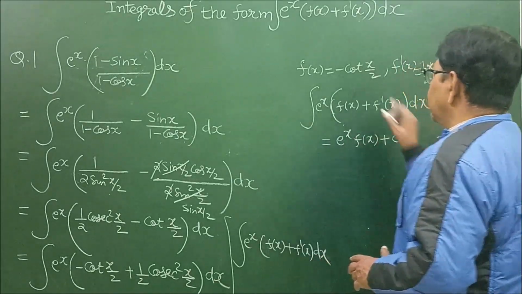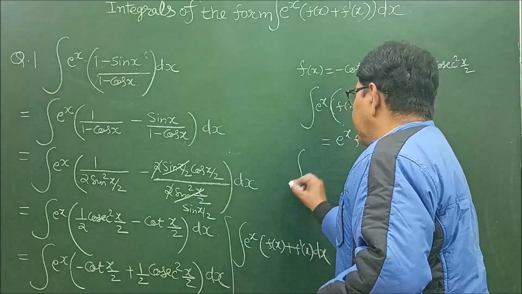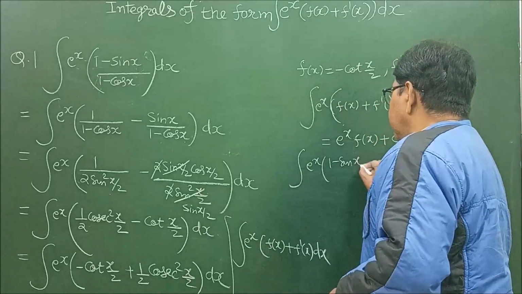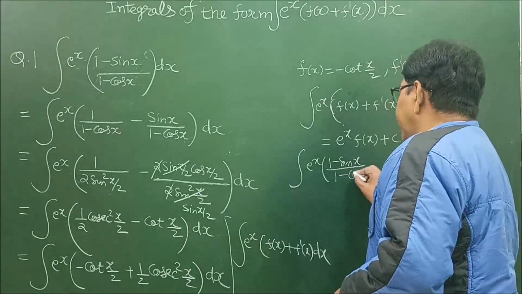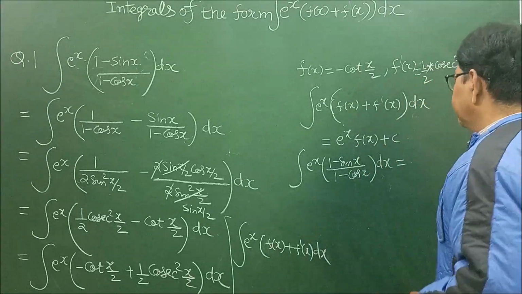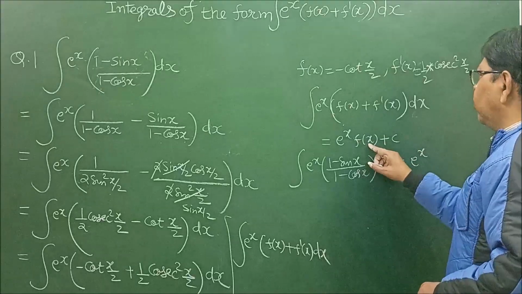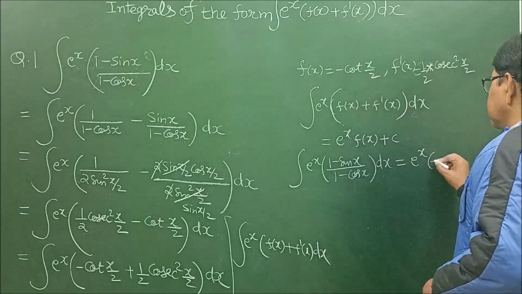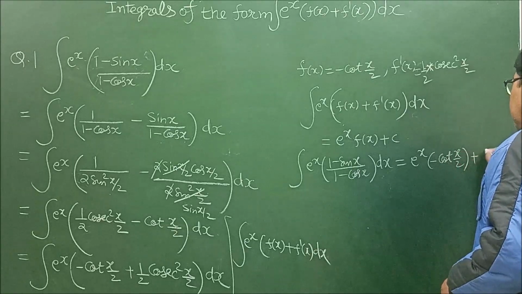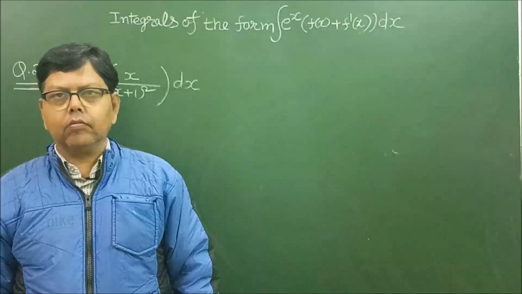Now putting the values here, this integral e raised to the power x (1 minus sin x upon 1 minus cos x) dx is equal to e raised to the power x, and the value of f x here is minus cot x by 2, plus c. So this is the answer of this question.